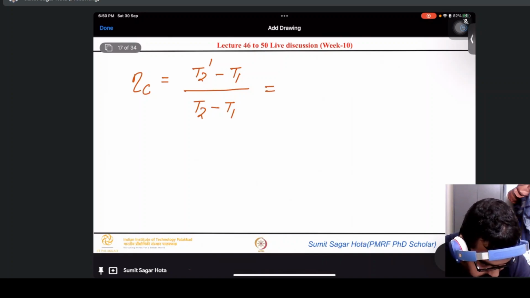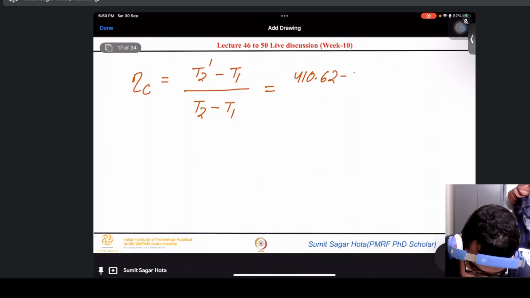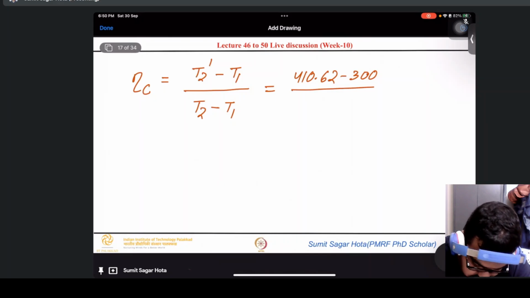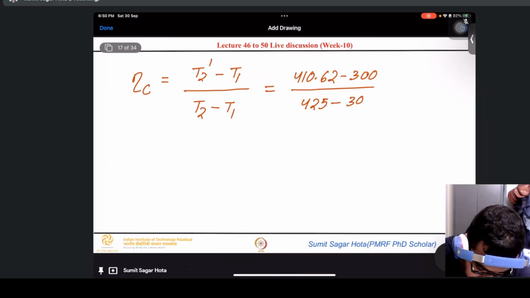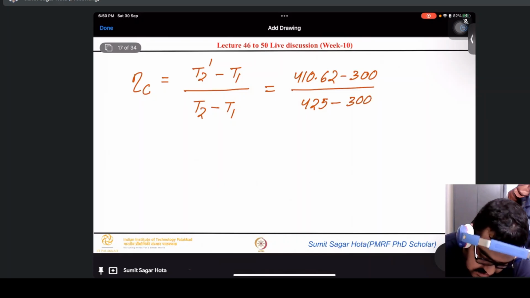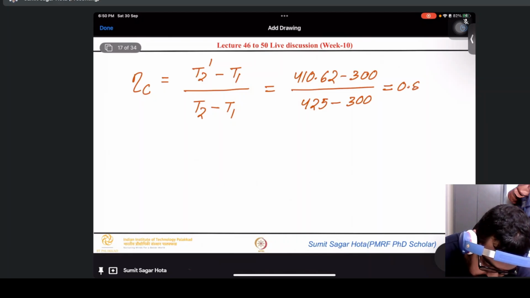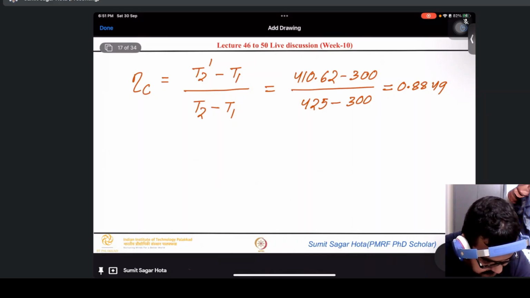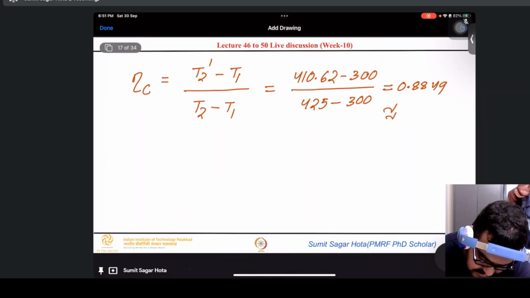T2 dash is 410.62, T1 is 300, T2 is 425, and this is also 300. The result is 0.8849, so you can write it as 88.5%.